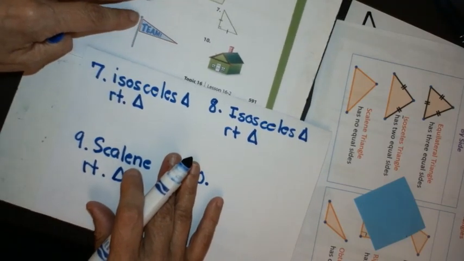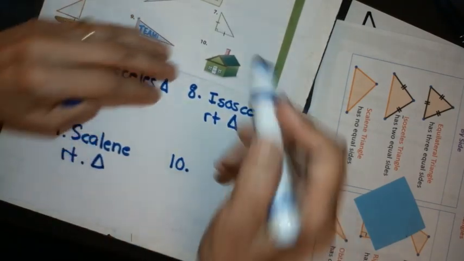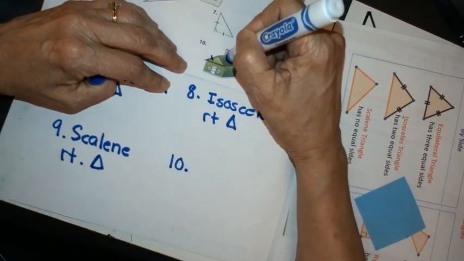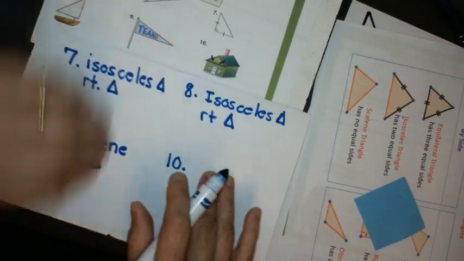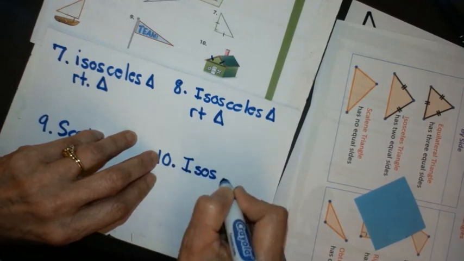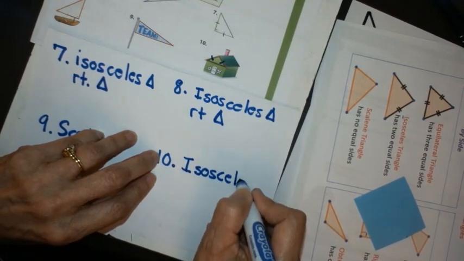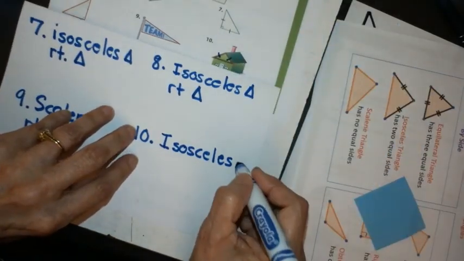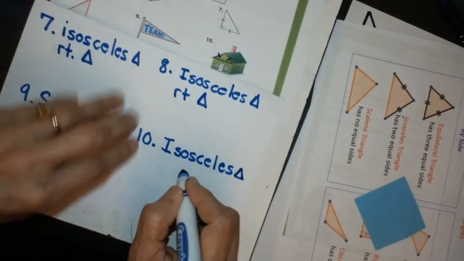All right, so now I have number 10 and it's the house, and we're looking at the roof. Again, we see these 2 sides are equal. So I know right away I have an isosceles, because isosceles reminds me of 2 eyes. I have 2 eyes that are equal length, so I have an isosceles triangle.